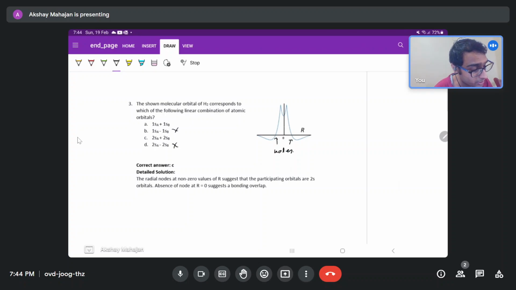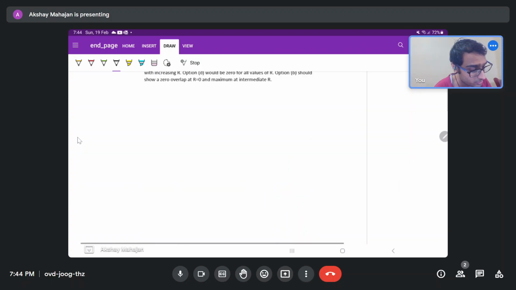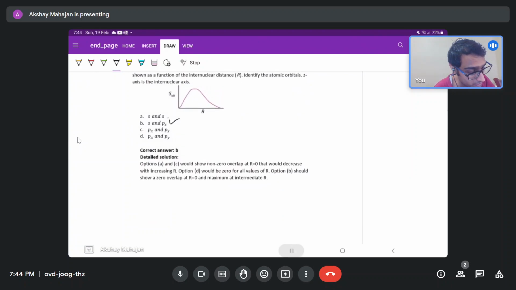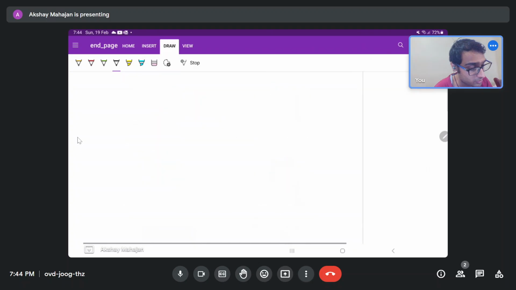So it could not be 1sa 1sb, and thus it will be answer number C, as has been explained here. And I guess by elimination also it could be done. And Px, Py will always be 0. So s and pz also give you this result.